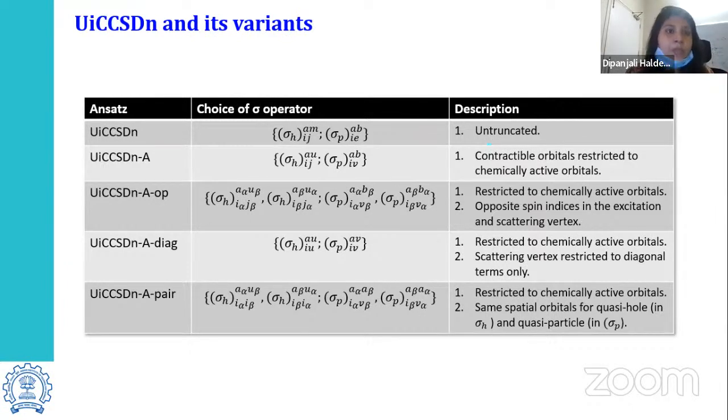And these are the various approximations that we have used to scale down and reduce the gate count of our ansatz. So I have listed down the various variants of the ansatz in the decreasing order of the number of parameters or the gate count. We have applied certain approximations, like we have restricted the contractible orbitals of S to only the active orbitals. And then on top of that, we have added further approximations, which basically lower the gate count as well as the parameter count.